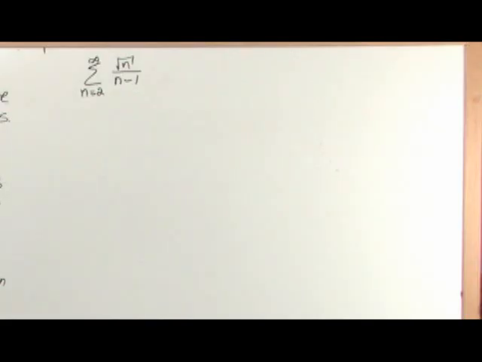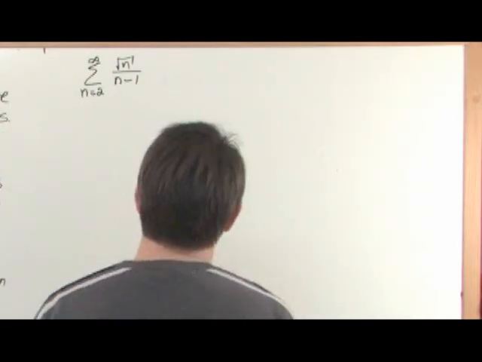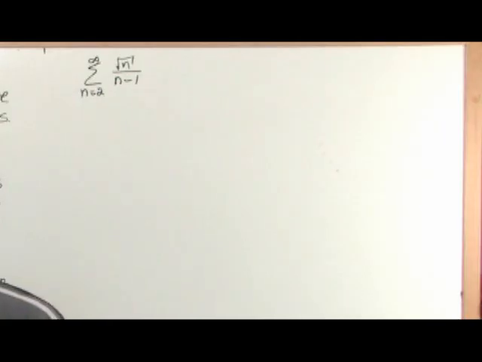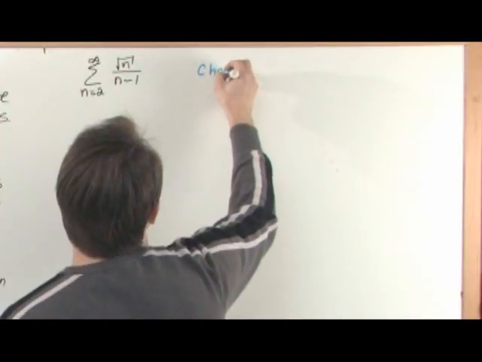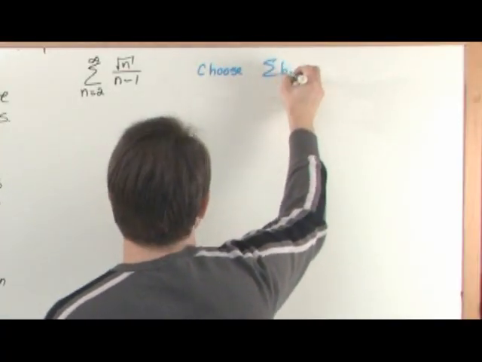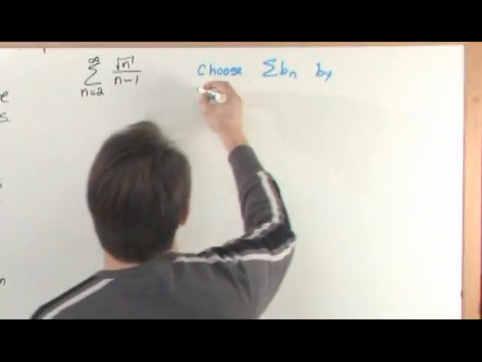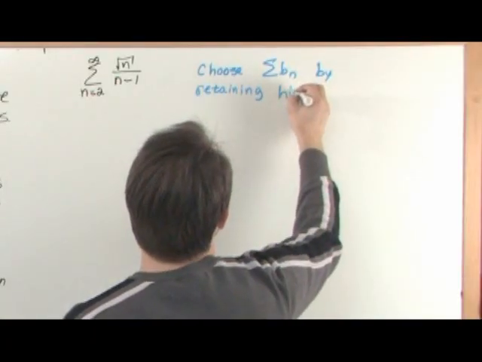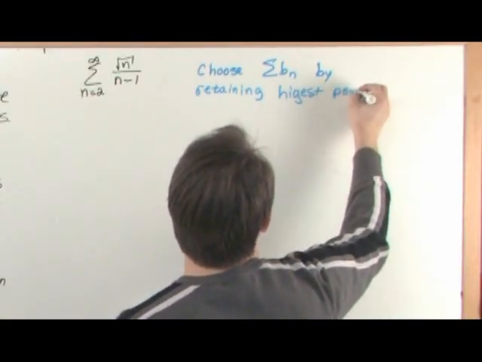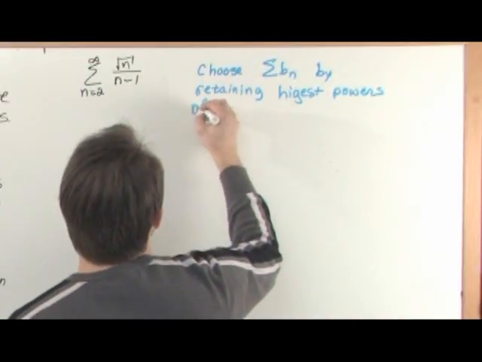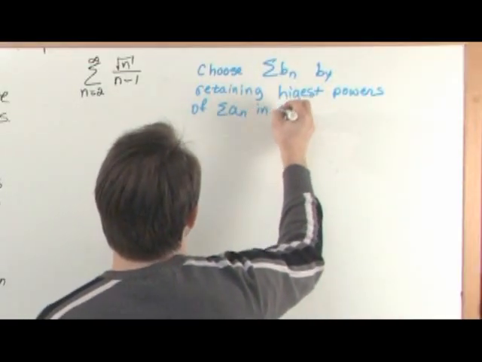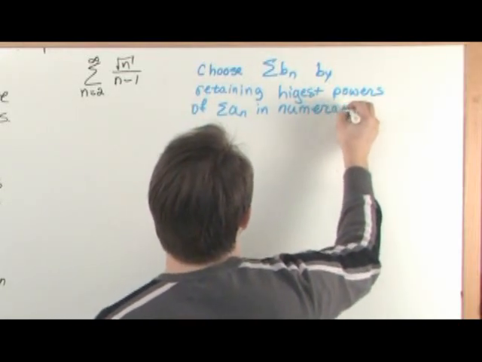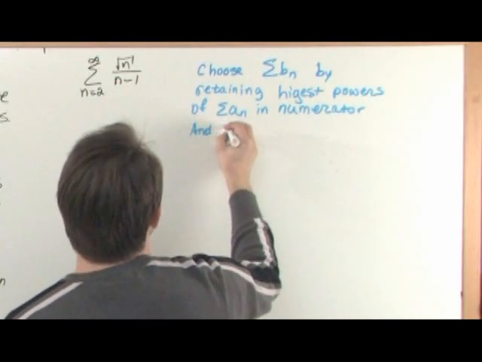So what we're going to do is try to choose a b sub n. This is a sub n, and we're going to try to choose b sub n because we want to find something to compare it to. My recommendation to you when you're using the limit comparison test is to choose b sub n by retaining the highest powers of a sub n in the numerator and denominator.